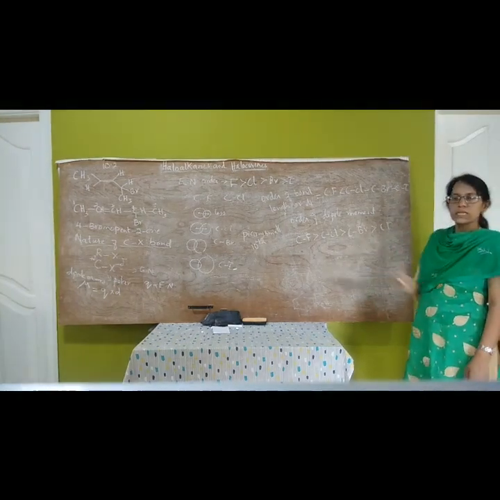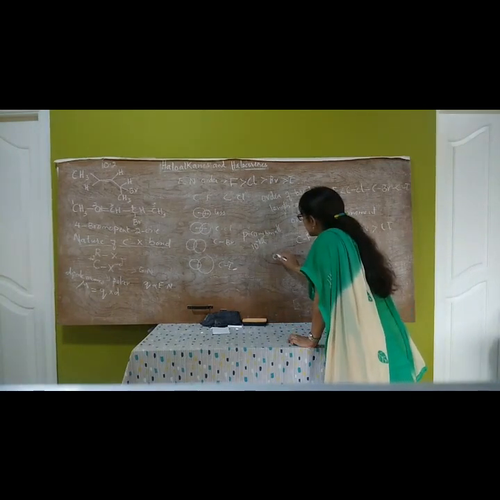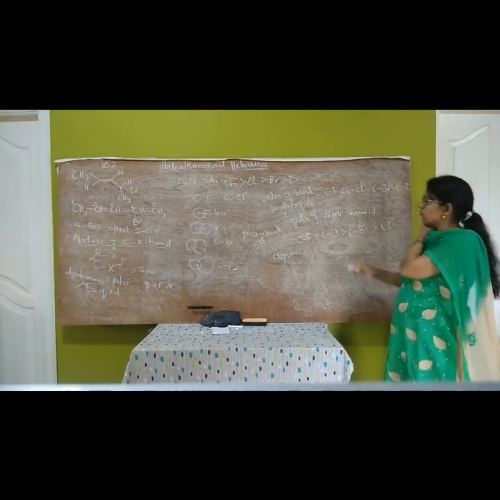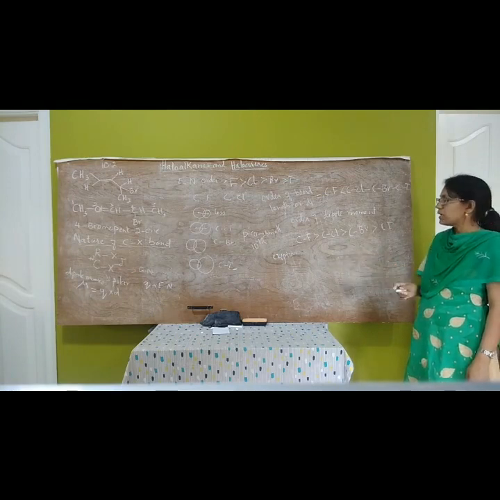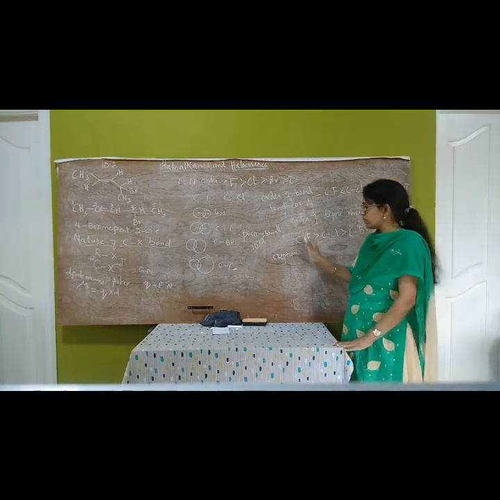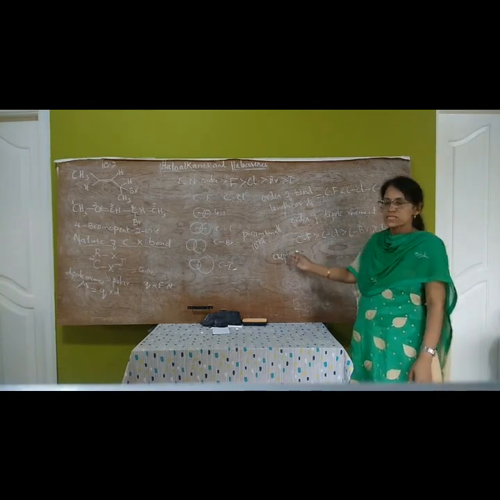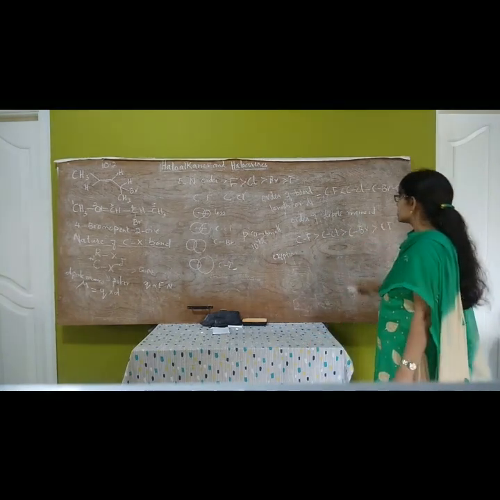So this is the theoretical one, but there is some exception. Whenever there is an exception, that becomes the important concept, because the questions will be asked from the exceptional concepts only. So you have to concentrate on this.